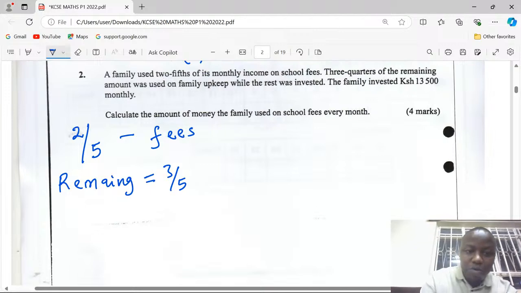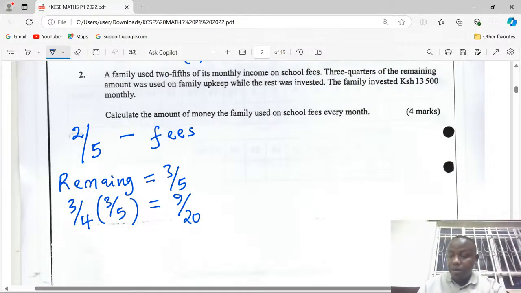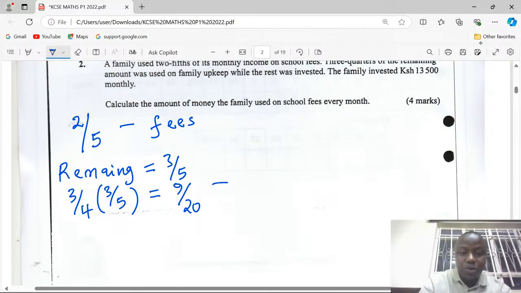And now we will talk about 3/4 of the remaining. So 3/4 of 3/5 gives us 9/20. And 9/20 now is the money that goes to upkeep.